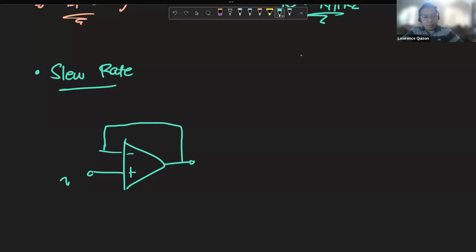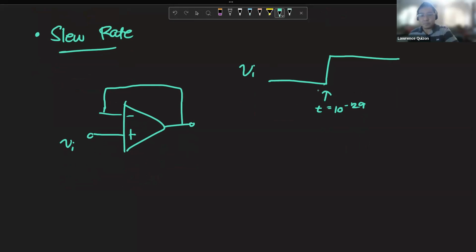Anyway, so yung input voltage mo, ideal step siya, no? So at infinitesimal time, t equals 10 to the minus 29 or something like that, no? Yung difference ng dalawa, essentially it's just a very narrow step up, no?